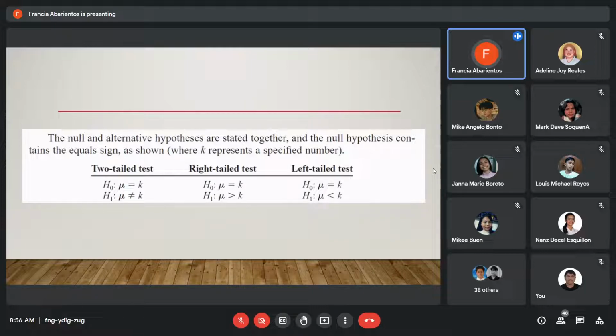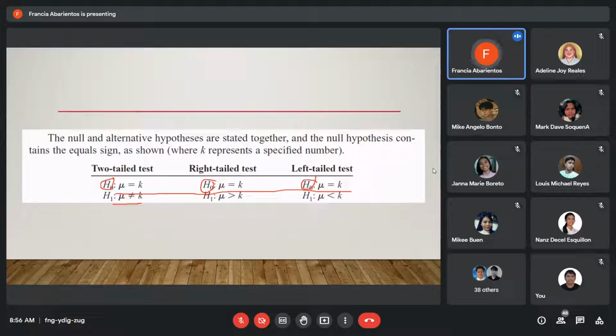So in a two-tailed test, we make use of the null hypothesis, H0. We have the mean, which is always what we state. But in a two-tailed test, in the given problem, you will have the alternative hypothesis not equal to.